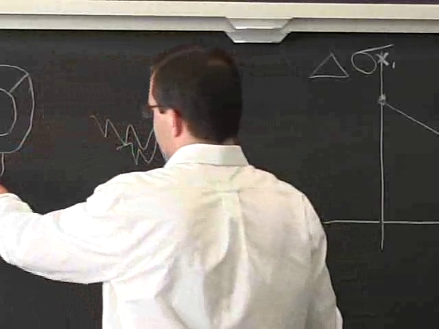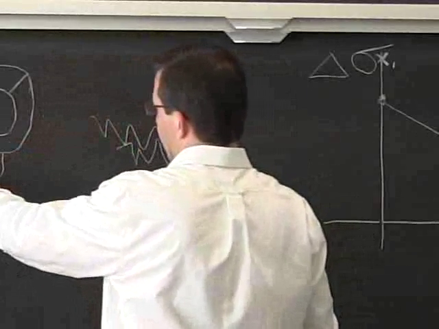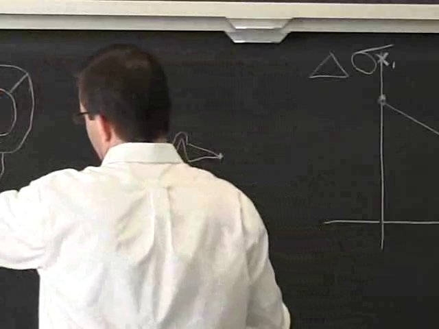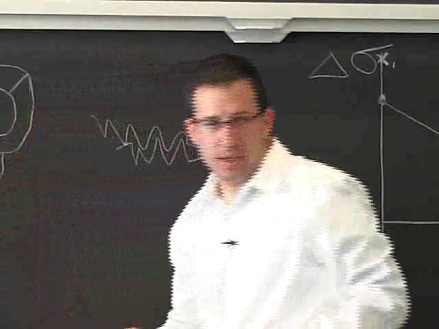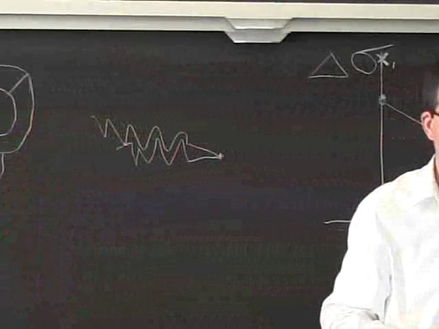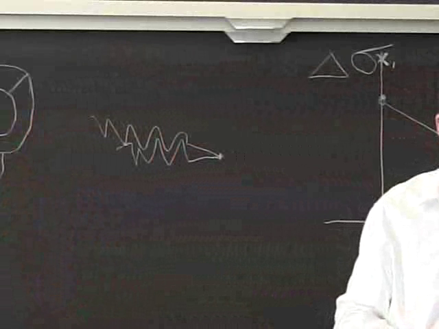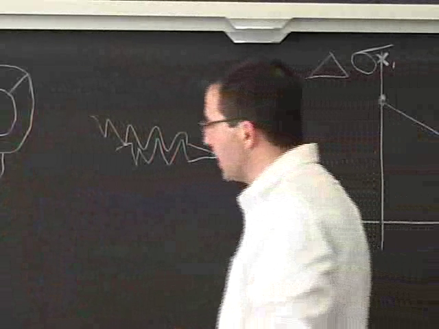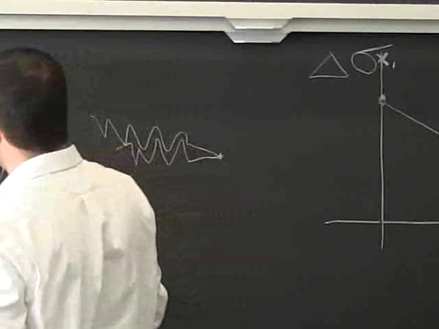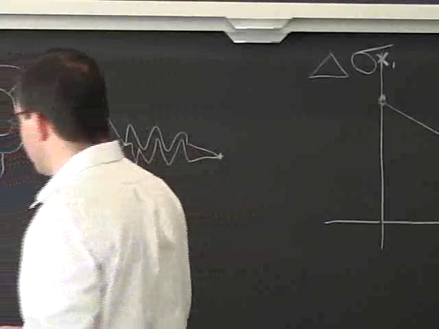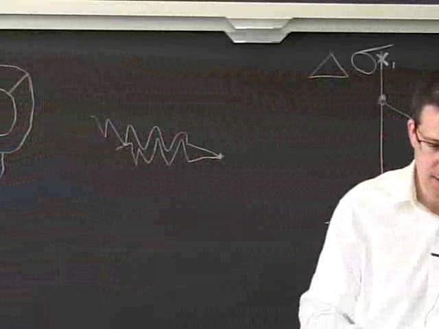Now, when this gets loaded, it's only connected through here, and you have the wind pressure. So it's in a bending condition. That's the main loading. And you'll have a side in tension and a side in compression.